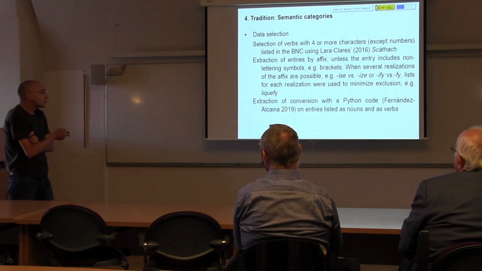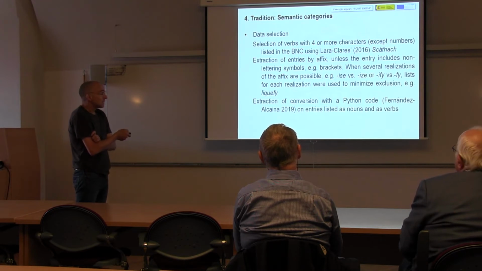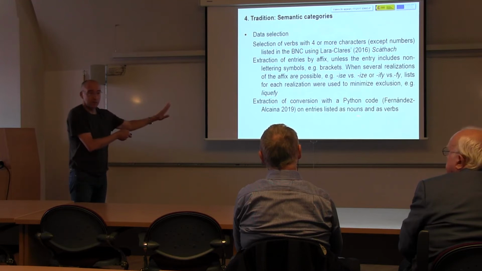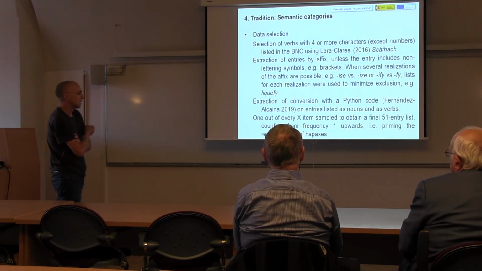The cases of conversion were extracted using a Python code designed by a colleague of mine on all the entries listed as nouns and as verbs. You probably know a lot about this, but I don't even know what this is. I asked this colleague, can you please do this for me? And then she came up with this list of nouns and verbs.